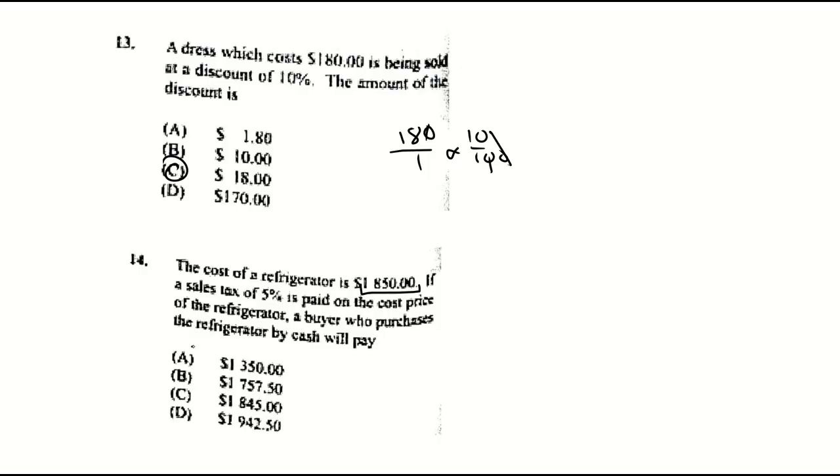It will cost more. So it cannot be A because 1350 is less than this. It can't be 1754.50 because it's less. 1845 is less than this. The only logical answer is D, and that is how you would do number 14. So instead of working it out, you just need to understand that the only possible answer is one that is more than the cost.